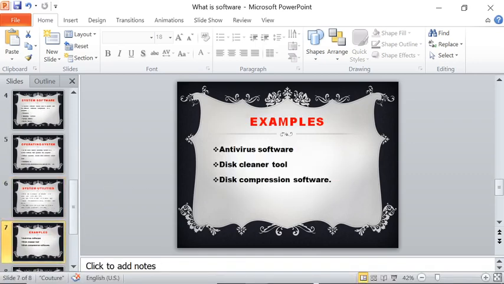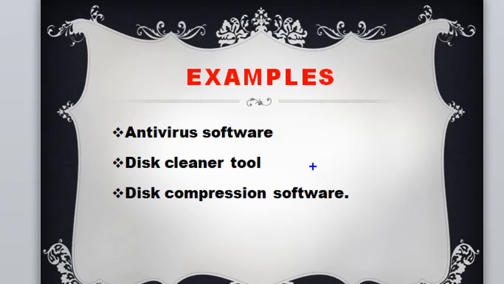For example, we are running a computer for 1 year, so there may be a chance of viruses attacking our computer. That's why we have to go for antivirus software. That means we have to install antivirus in our computer, and the disk cleaner tool and disk compression software.